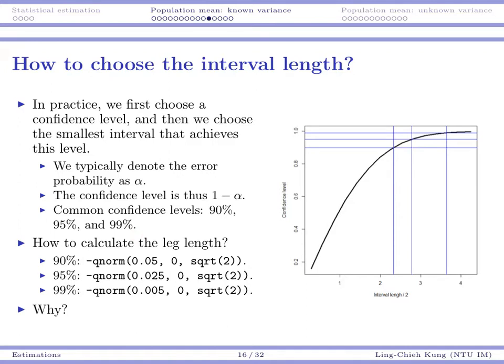If we want a small interval and we are not so sensitive about the probability of making errors, we probably choose 90%. And then obviously in practice, people prefer 95% the most because it's somewhat a balance between large interval and high confidence.